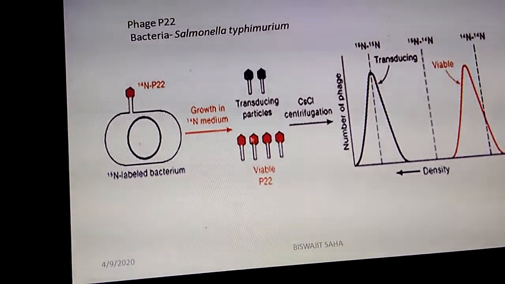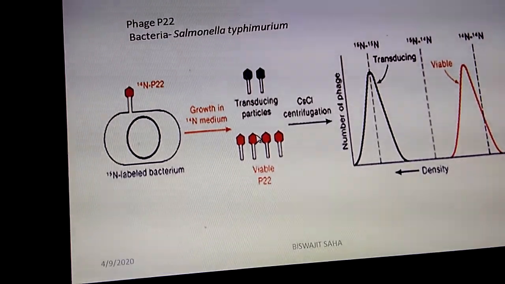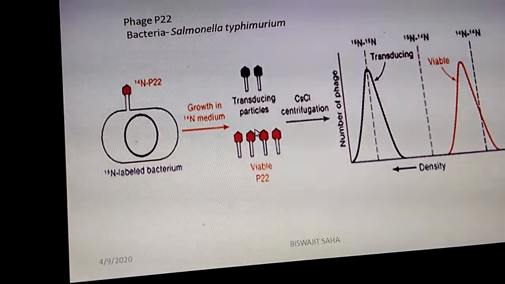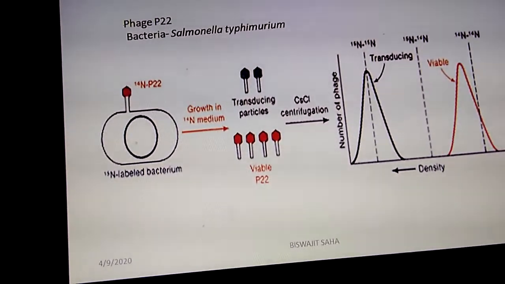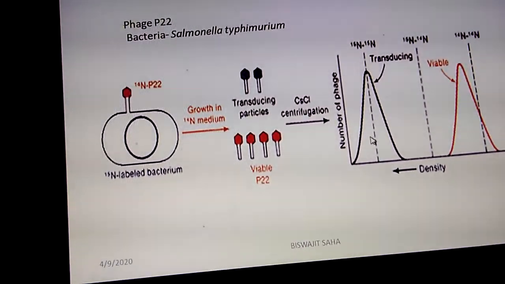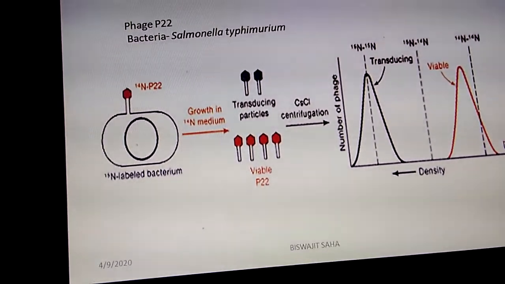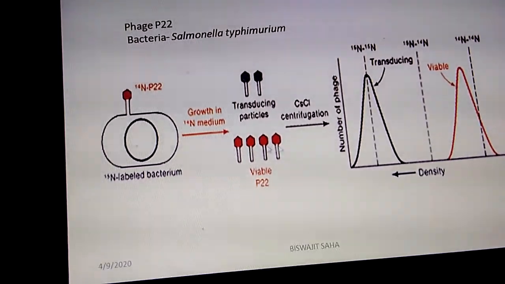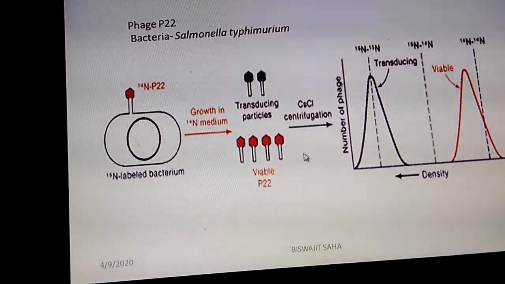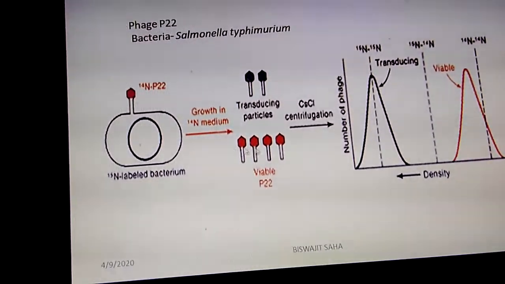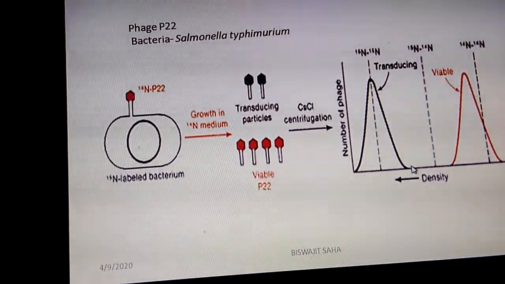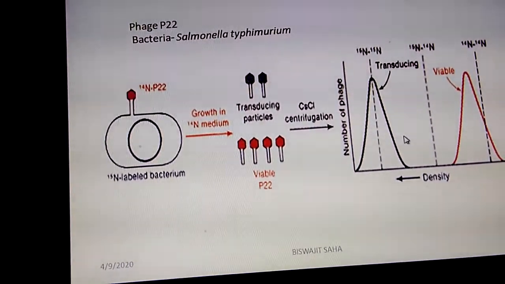The centrifuge tube, which contains both the viable phage and the transducing particle, can be punctured at the bottom, collecting successive drops, and each fraction is tested for the presence of both viable phage and transducing particle. The orange-colored peak denotes the N14-labeled viable phages, and we get a peak for the N15-labeled transducing particle.